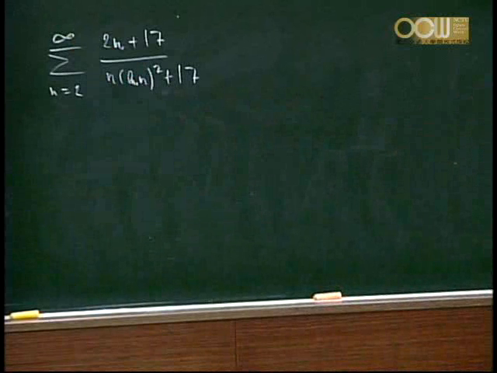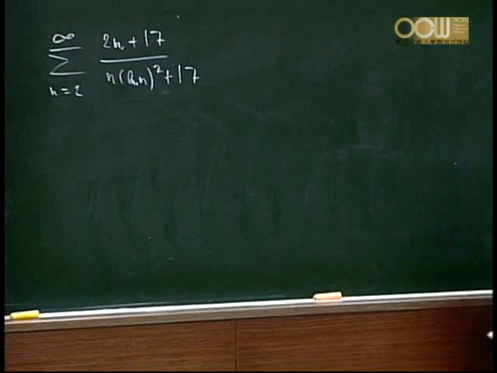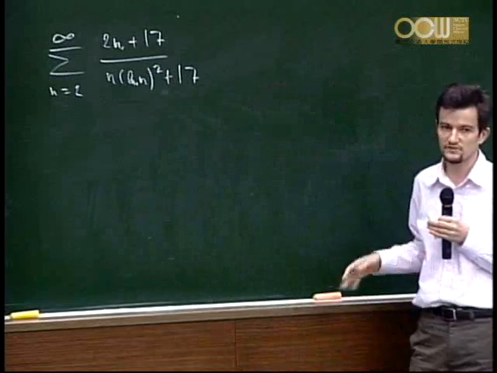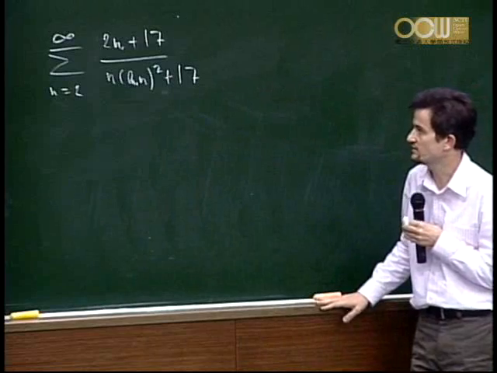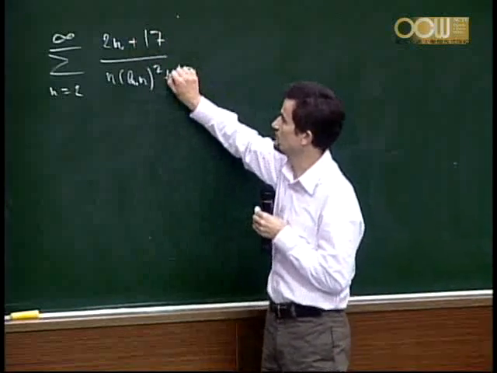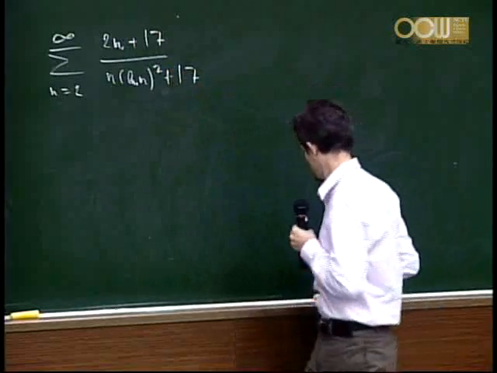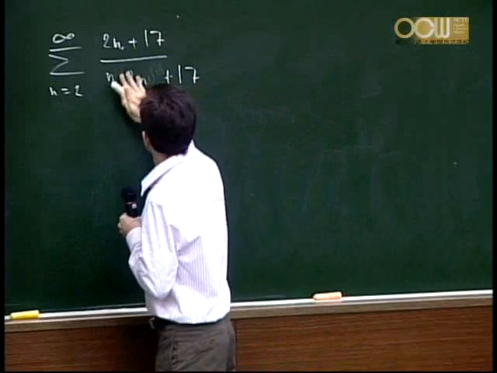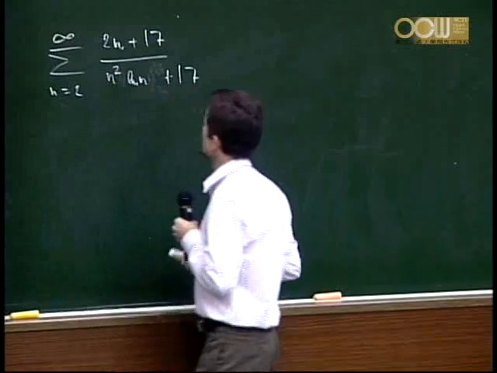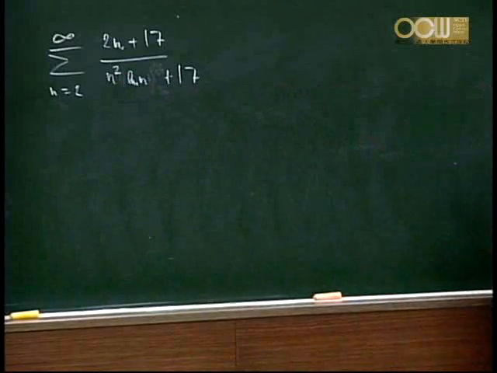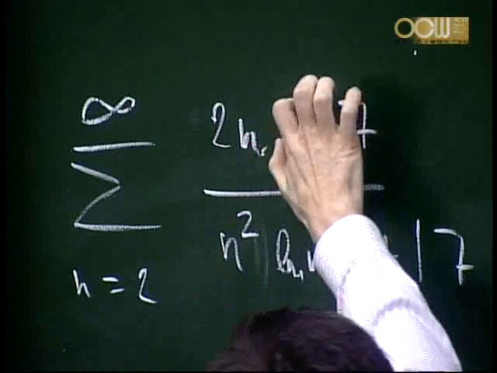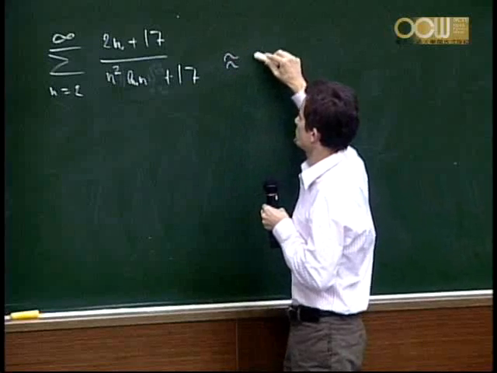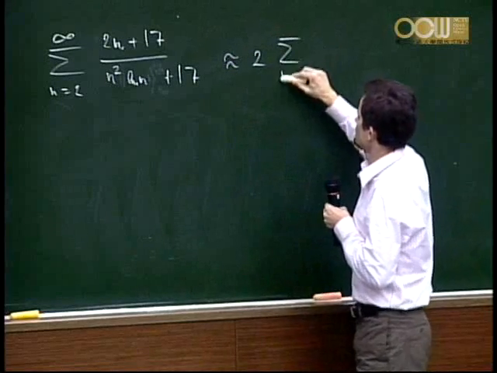Now, once more, having this tool at hand, this is very easy for this series to determine whether the series is convergent or not. You just use the same reasoning. So as n is getting large, you can forget about this. You can forget about this. Or let's choose another one. Let's choose this one, because this one is easier. Okay, so as n is getting large, you can forget about this. You can forget about this. So you see that the series roughly behaves like this one.